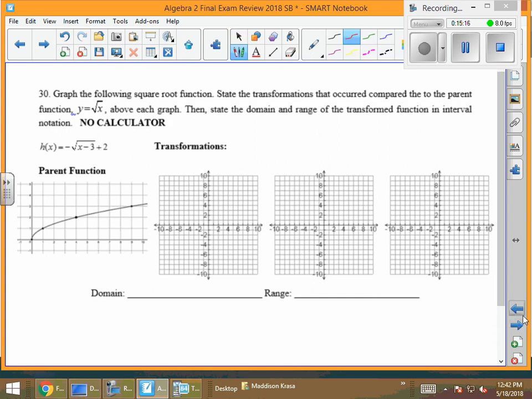Okay, our last question for the square root section. We need to write down our transformation. So first, the negative on the outside, that's a reflection over the x-axis. The -3 on the inside of our function, that means we shifted right 3. And the +2 on the very end is up 2.